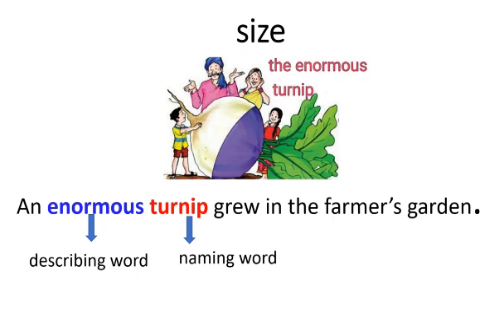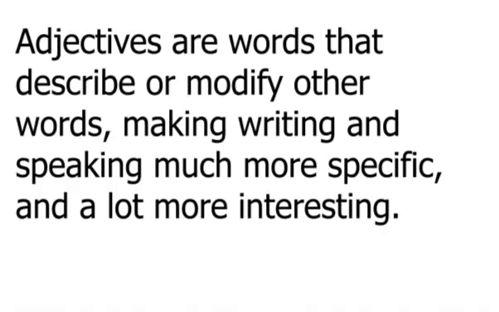Here enormous describes the size of the turnip. An adjective provides more information about the noun. Describing words or adjectives describe or modify naming words, making writing and speaking much more specific and lot more interesting.